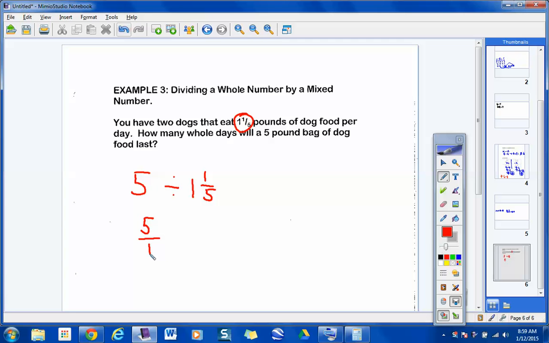What's 1 1/5 pounds going to look like as an improper fraction? 6/5. Although this is a division problem, we better turn that into multiplication now. So this is like 5 over 1 times what? 5/6.